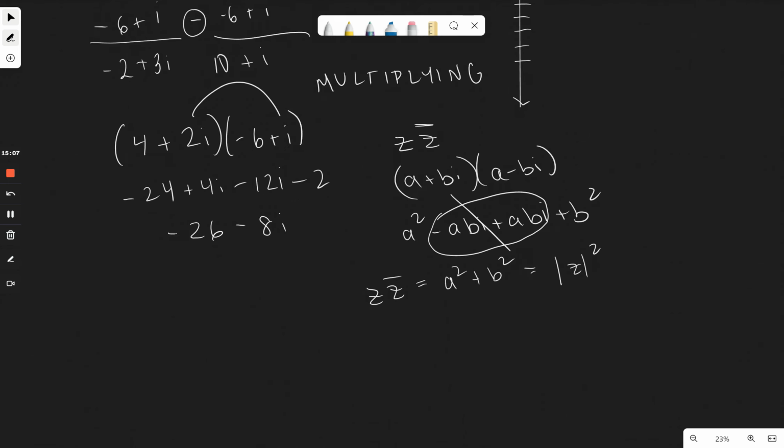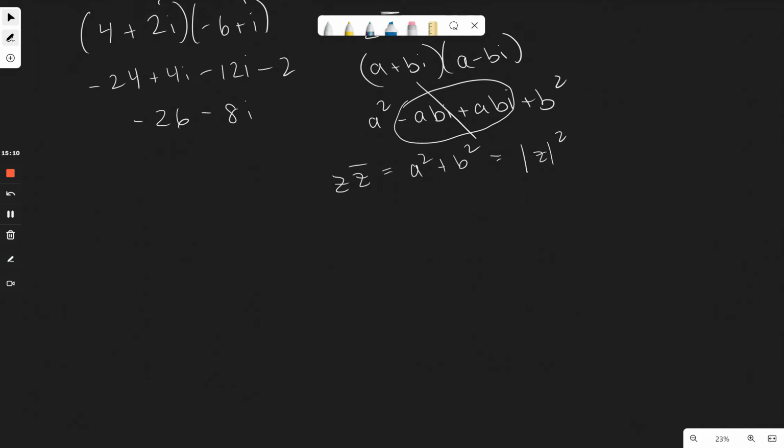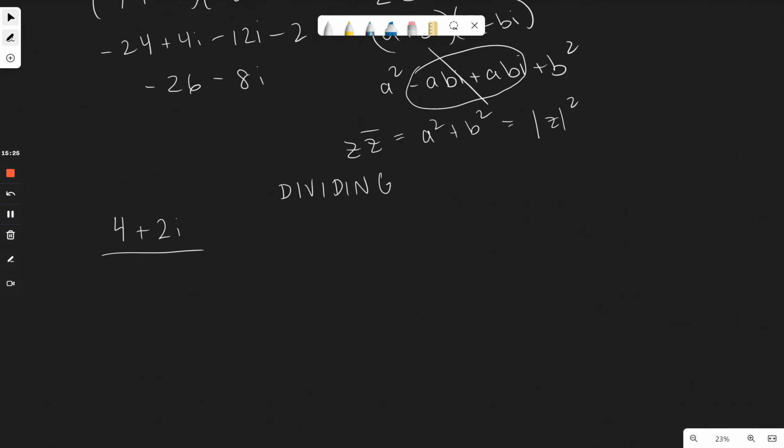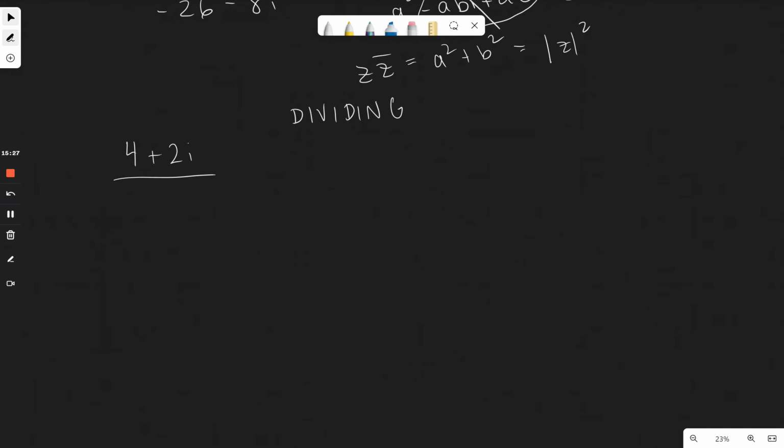So let's use our same numbers that we've been using, and so dividing. Let's do 4 plus 2i divided by, what was it, negative 6 plus i? I believe so. Yeah, negative 6 plus i. So this is a number, but we always want to rationalize this.